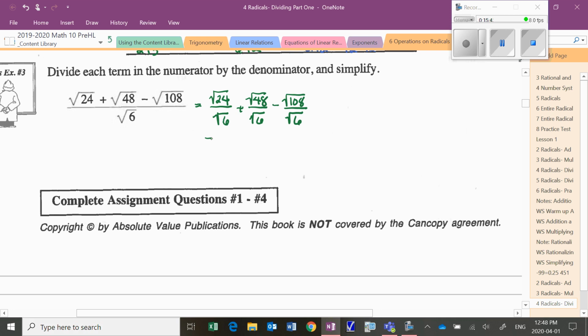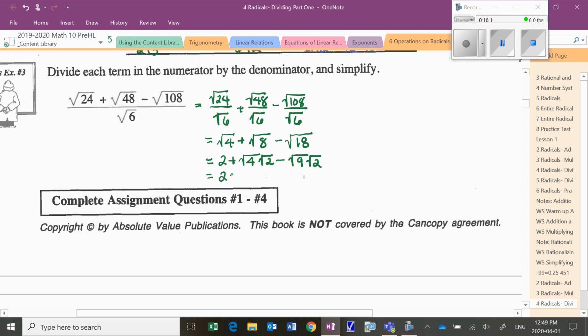So we would have then the square root of 4 plus the square root of 8 minus the square root of 18, I believe. And so then those radicals can be simplified further. So root 4 is the same as 2 plus, and root 8 is root 4 times root 2, minus root 18 is root 9 times root 2.